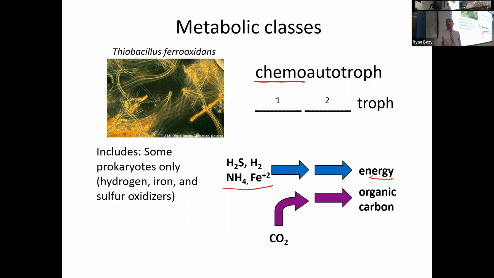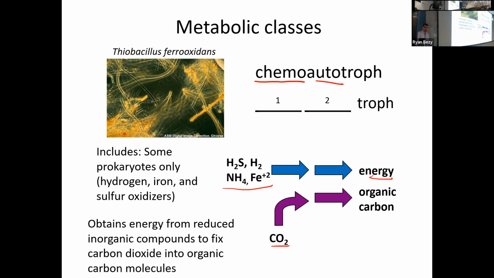But then they are also autotrophic, and so they're going to use carbon dioxide as a source of carbon. These guys obtain energy from reduced inorganic molecules, and they use that energy to fix carbon dioxide gas and convert it into organic carbon molecules.